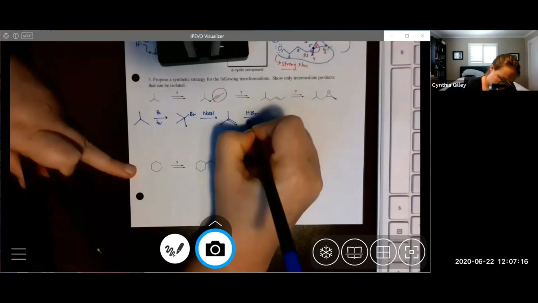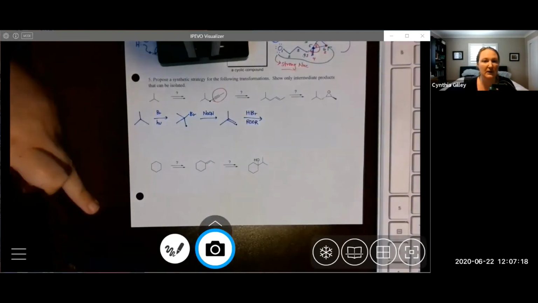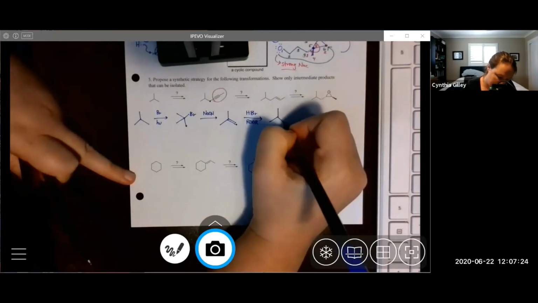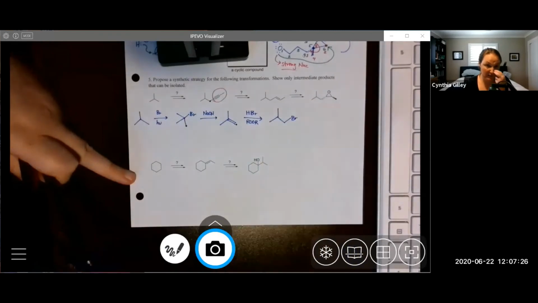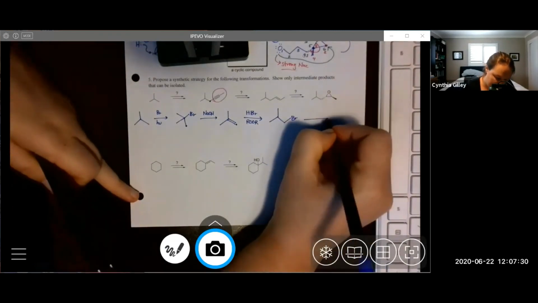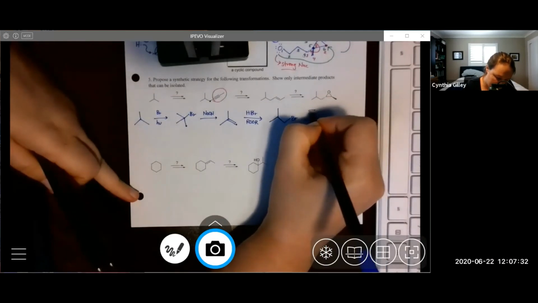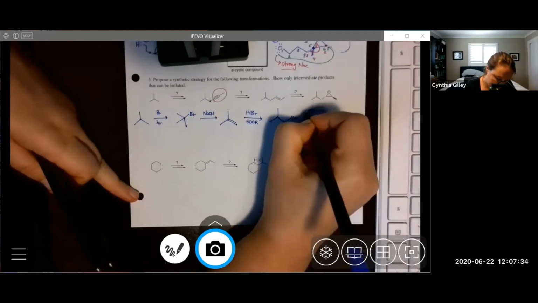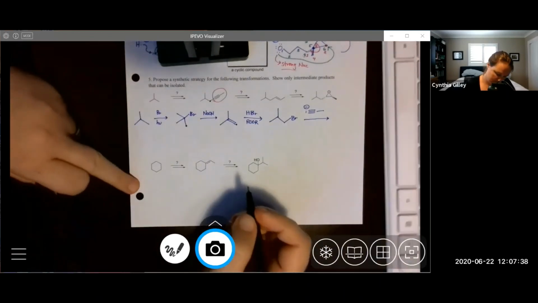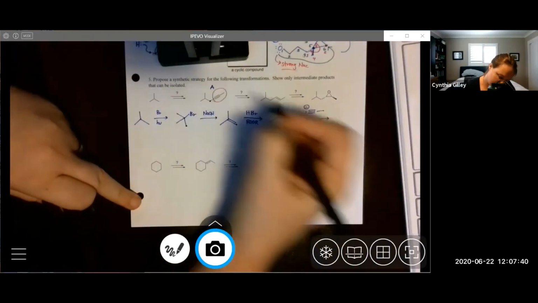I want that to add to the less substituted carbon, so we need the anti-Markovnikov addition of HBr, so that I can end up with my leaving group here. Now I can add the alkynide ion. That gets me to this first product here.